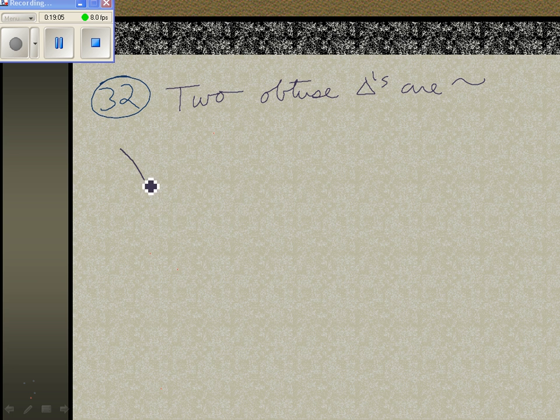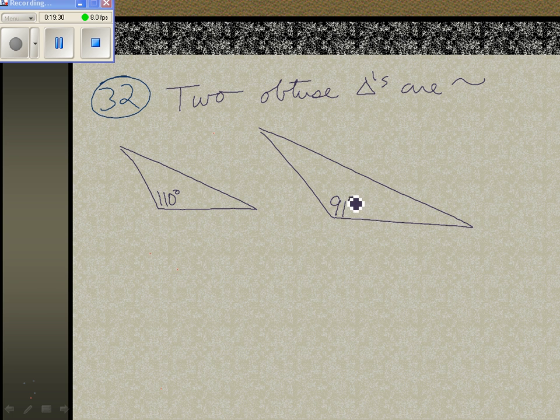So if I have 2 obtuse triangles, somebody give me a measure for this angle right here. That's an obtuse angle, would make that an obtuse triangle, right? Give me a measure for this angle. 91. That's an obtuse angle, would make that an obtuse triangle.